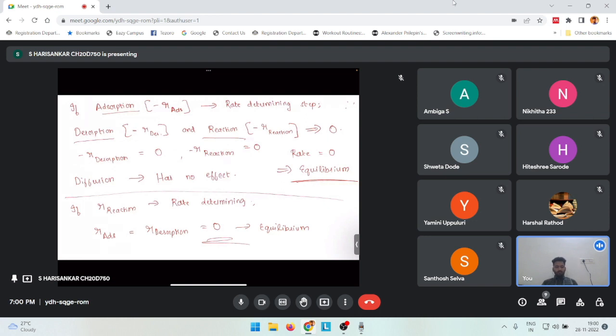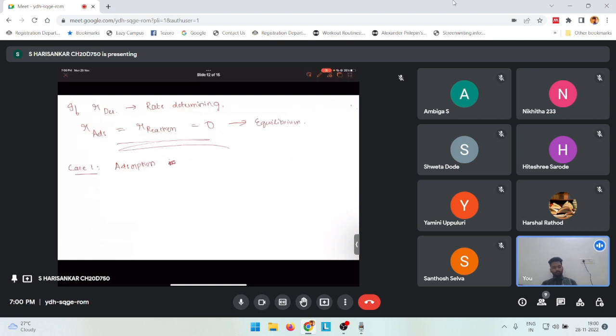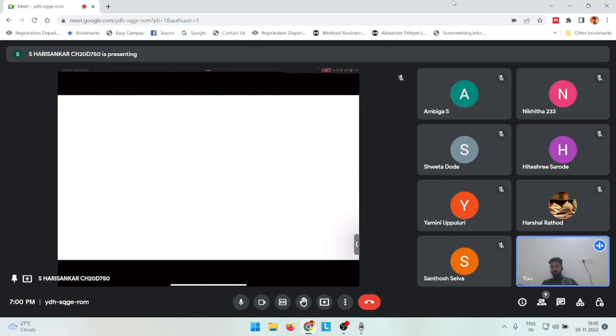We'll look into these things one by one. So let us look into adsorption first, then let us look into reaction, and then let us look into desorption. Okay. So let us take adsorption first.